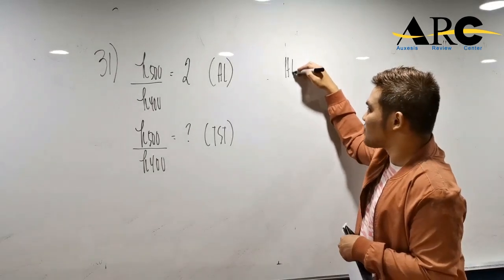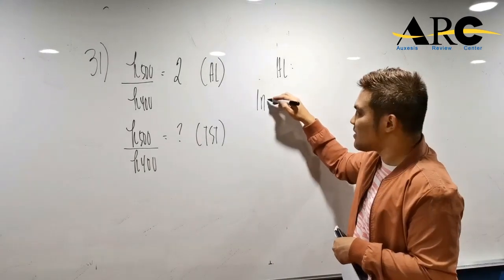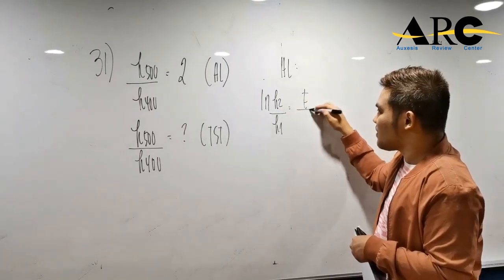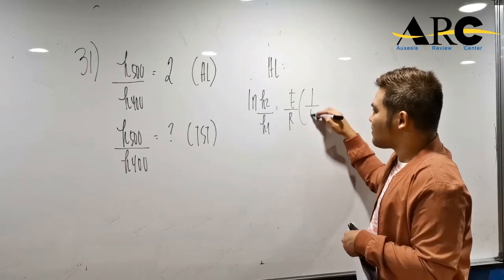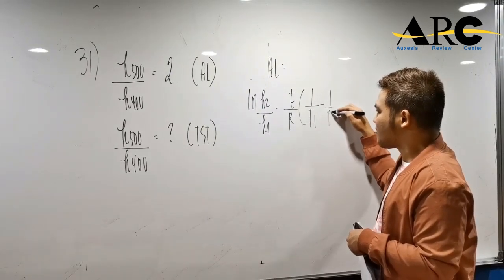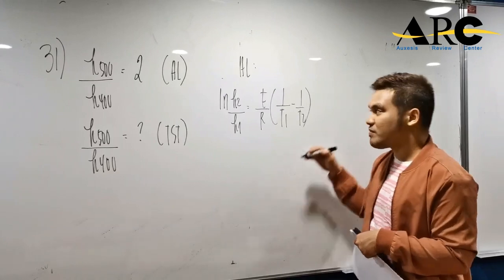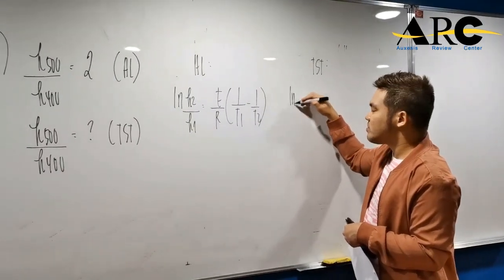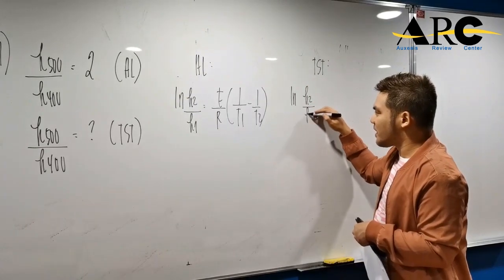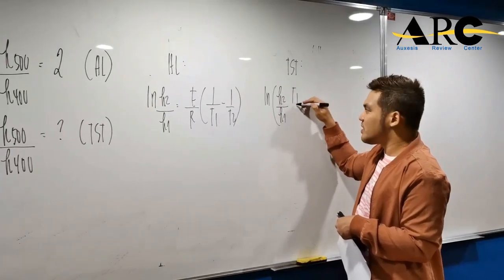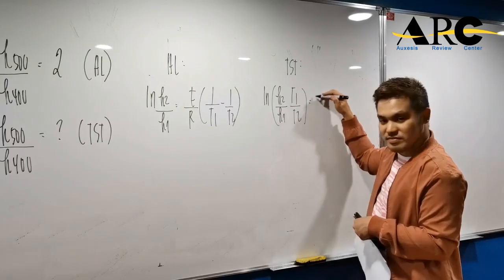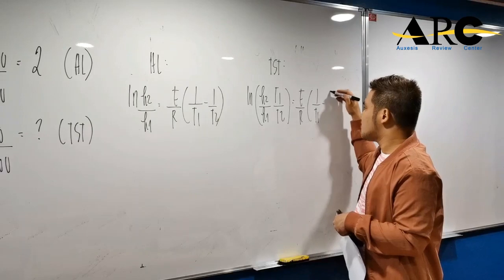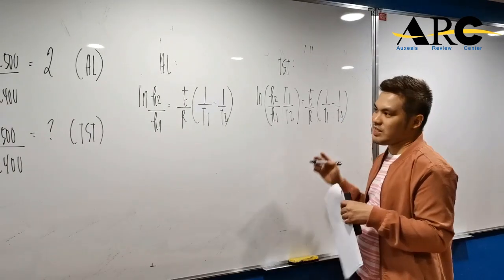So, kapag Arrhenius law, so ln K2 over K1 is equal to E over R times 1 over T1 minus 1 over T2. So, kapag transition state theory, so ln K2 over K1 times T1 over T2 is equal to E over R times 1 over T1 minus 1 over T2.